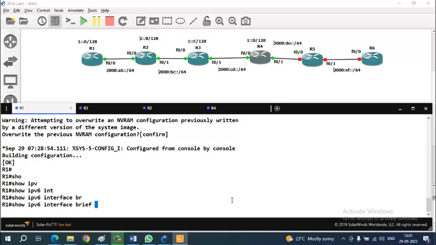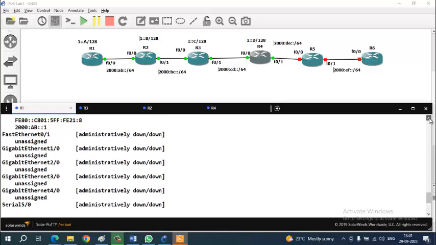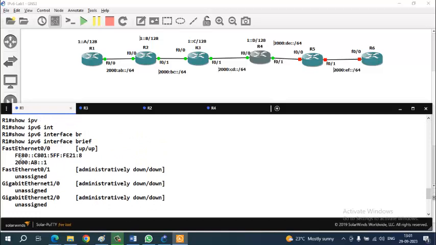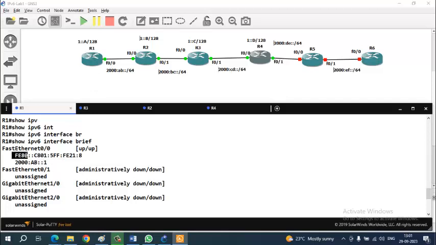Now, if you notice there on the top, we gave this address on the F0/0 interface. We did not give this. FE80 is the link local address. This address is dynamically generated. And this is not the address that we will be using to deliver packets, to transfer traffic.